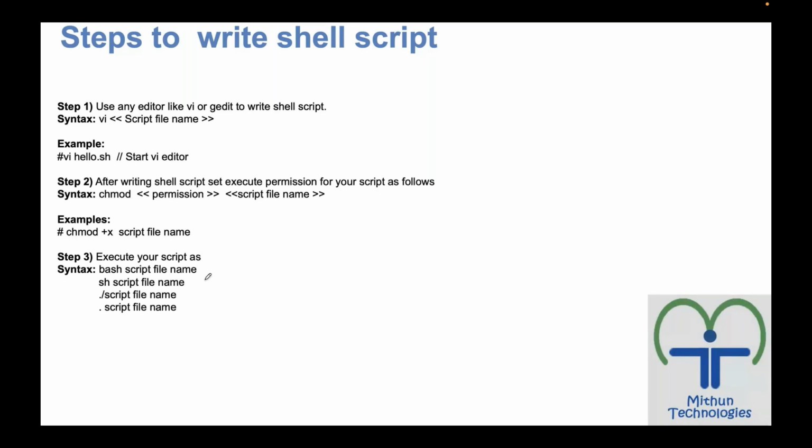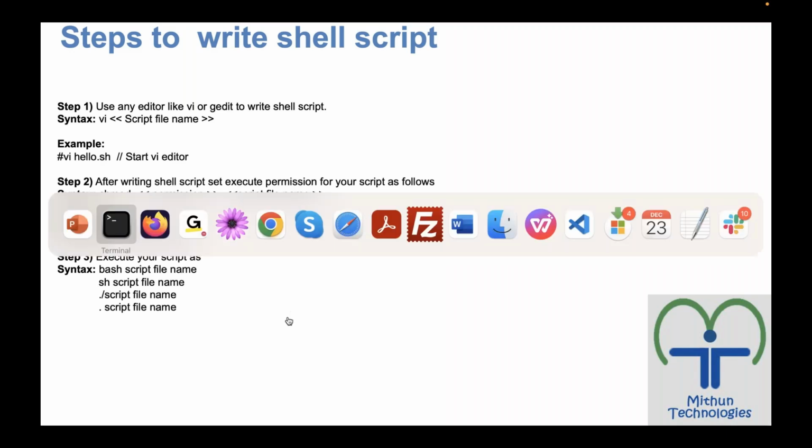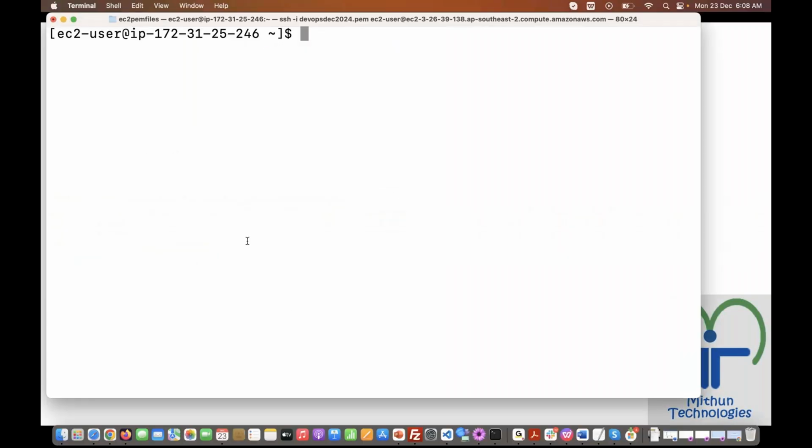Okay, so let me run this script in different ways. I'm already connected to this Linux server. I'm going to create a directory with mkdir shell script, and go inside this particular directory.